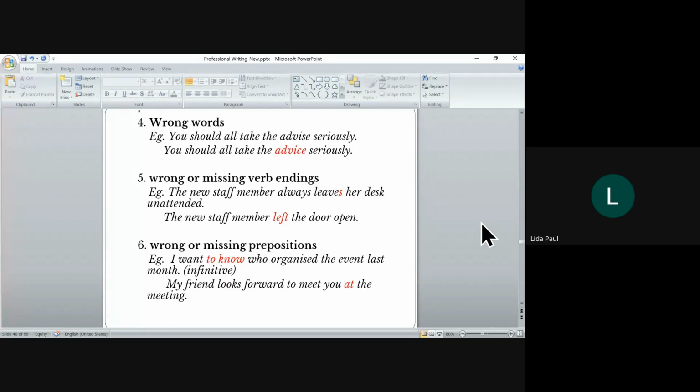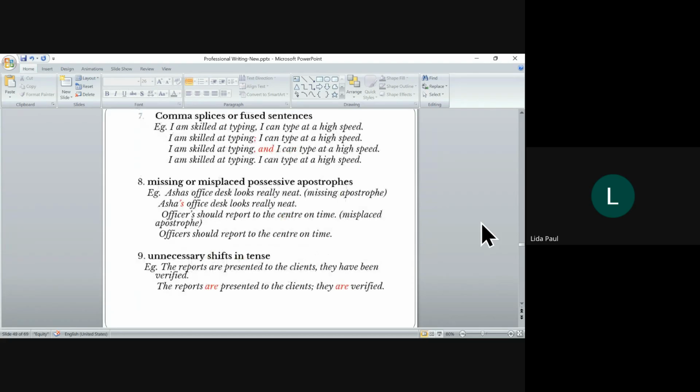Actually, the second one, my friend looks forward to meet you at the meeting. I've seen many errors where people would say, my friend looks forward to meet you in the meeting. Okay, so using wrong prepositions or missing out the prepositions altogether, right? This is also one of the common surface errors that you see in writing.